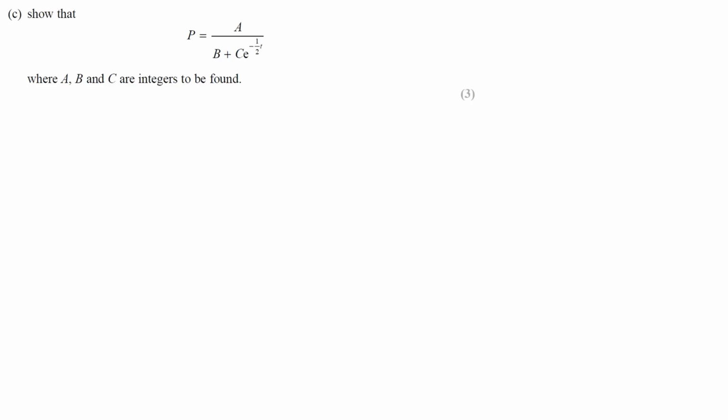So in part C, we're being asked to express p in terms of these constants and then this e to the minus half t on the bottom here. And so far we found that 2 the ln of p minus 2 the ln of 11 minus 2p equals t minus 2 the ln of 9, and we can see that we've got to make p the subject.